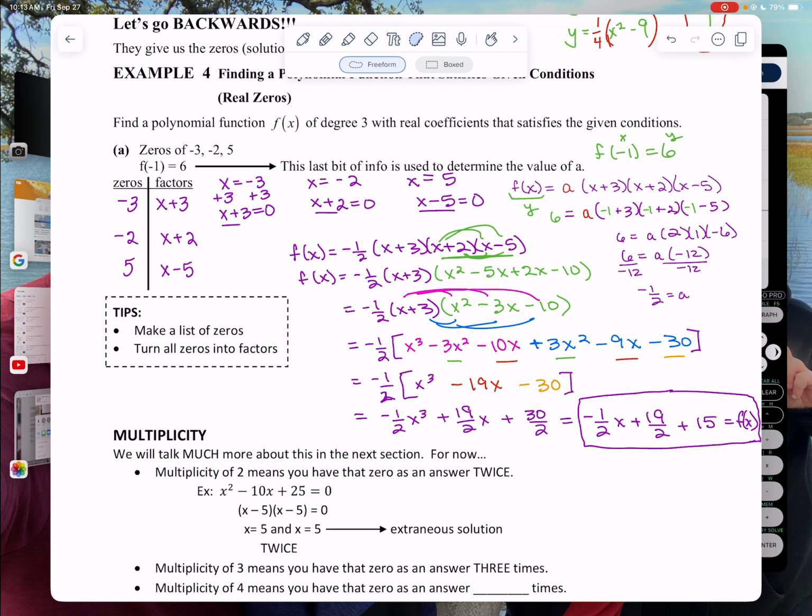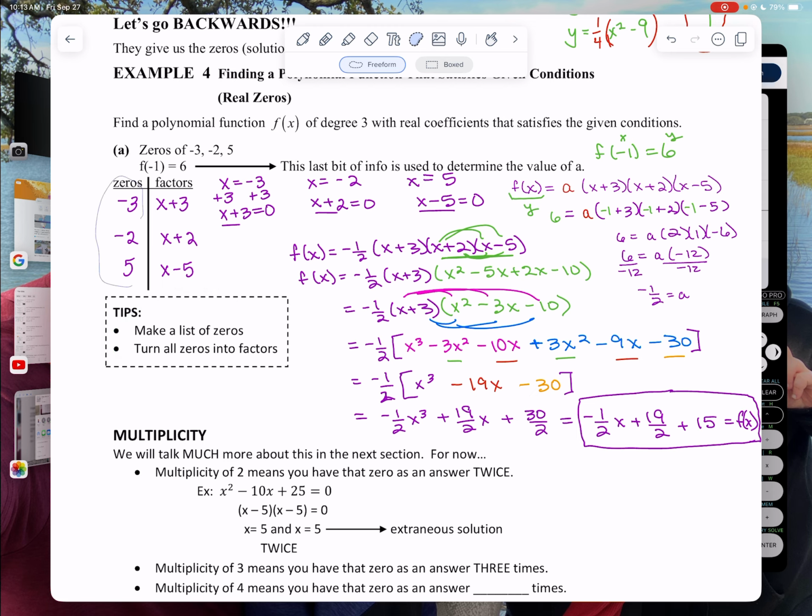Now it wouldn't have been nearly as scary if my a value had been like 2. Or if it had been 1, I would not have had to distribute it all. That's one that you might want to pause your video, go back, rewind it, and watch that part again, just to grasp how to do it. You may have one like that on your test. So the tip was to make your list of zeros.